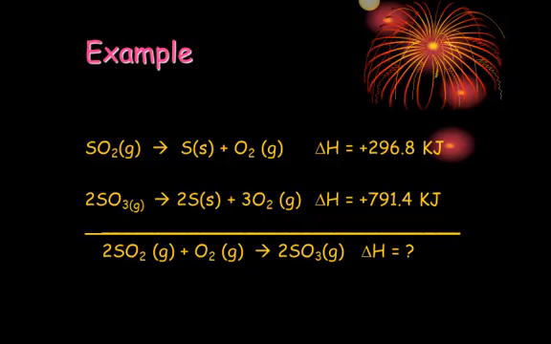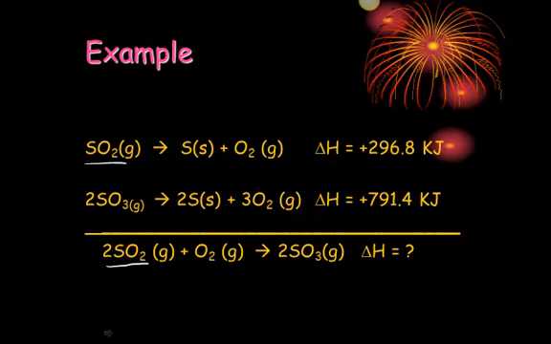The reaction I'm looking for is 2 sulfur dioxide plus oxygen yields 2 sulfur trioxide. So let's take a look at the first reactant. The first reactant is sulfur dioxide, and I have 2 of them. I can find sulfur dioxide in the first given reaction, but there's only 1.